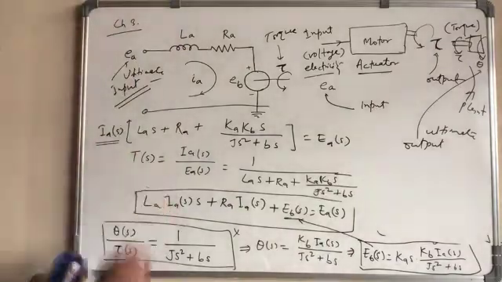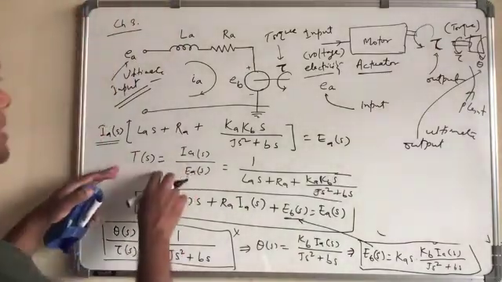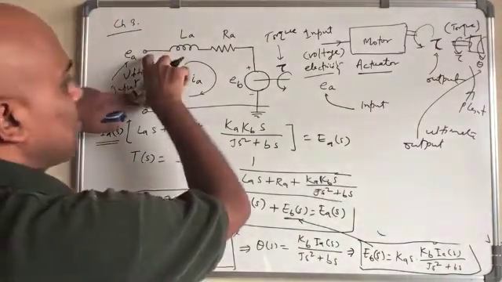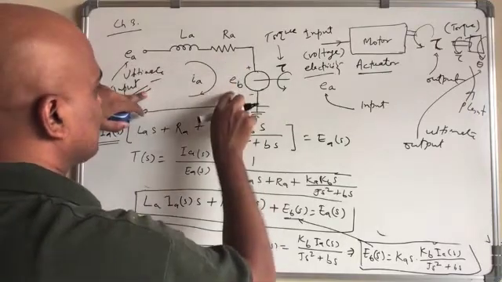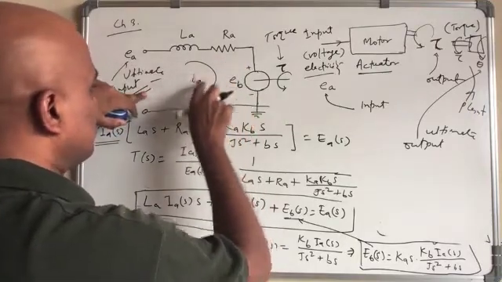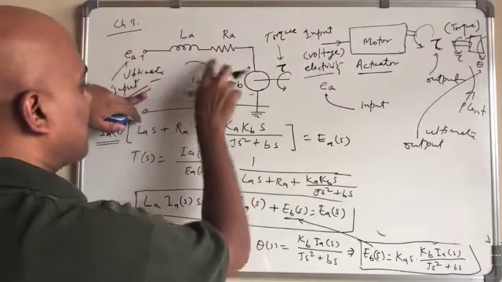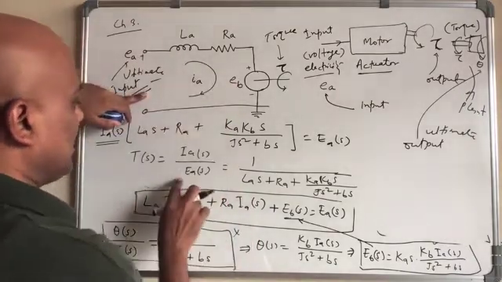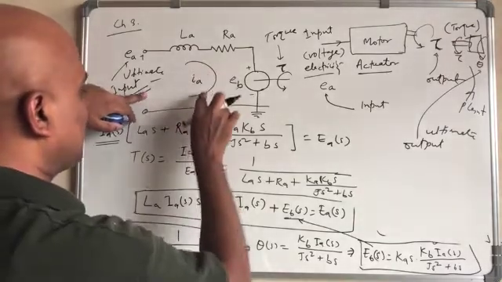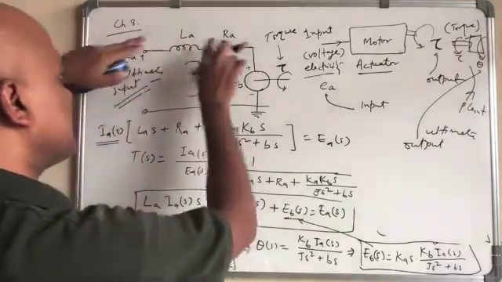So this transfer function is only from here to here. This is what gives you, given the input voltage, what is this current IA. So this IA is the output. So this one is for this part.